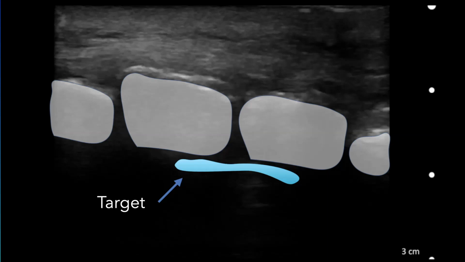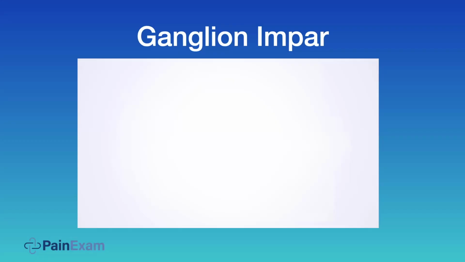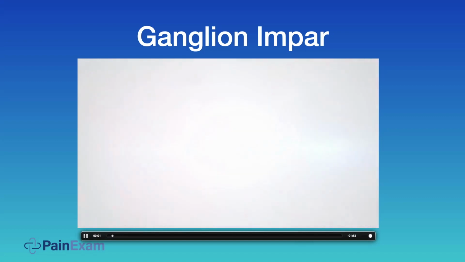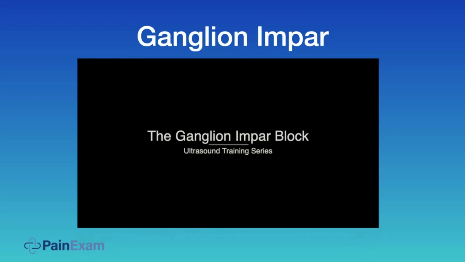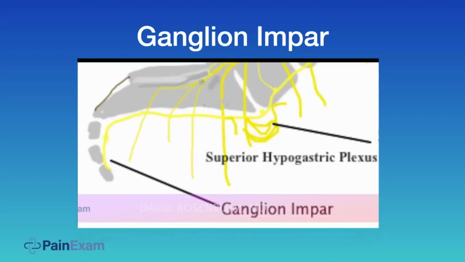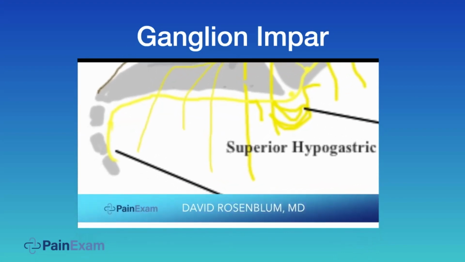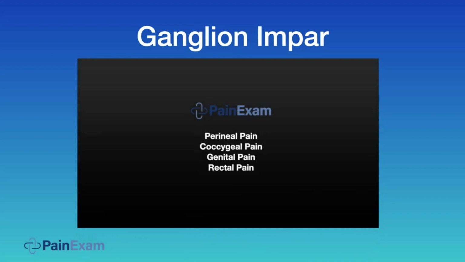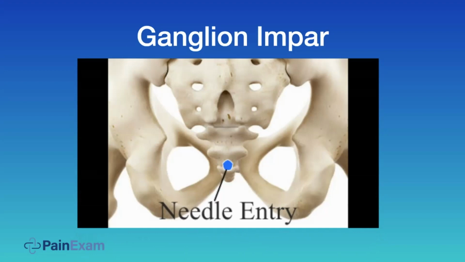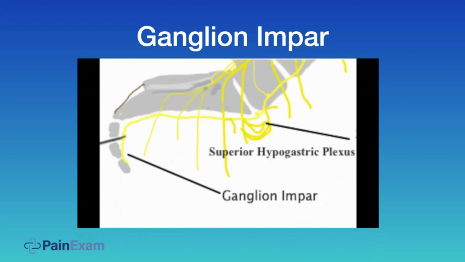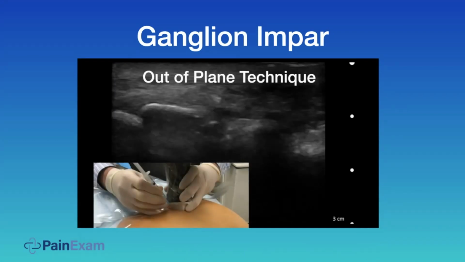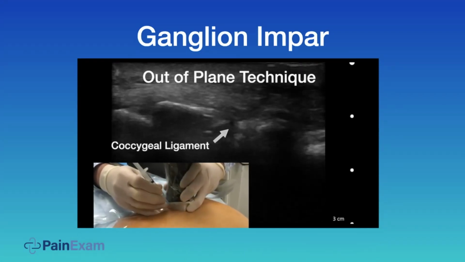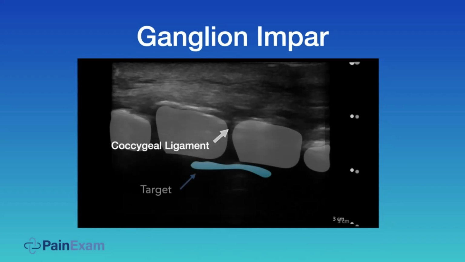The ganglion impar is anterior to the coccygeal bones, posterior to the rectum.